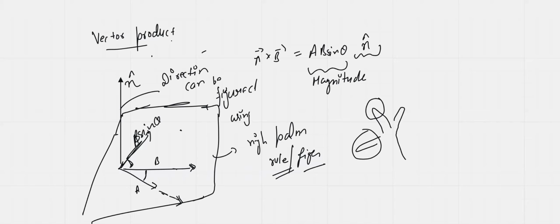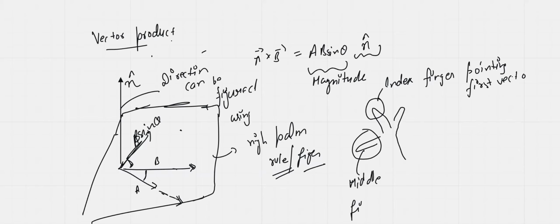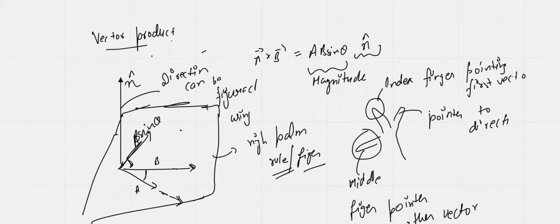So basically, I can simply say the index finger points to the first vector, the middle finger points to the other vector, and the thumb points to the direction of the final vector.